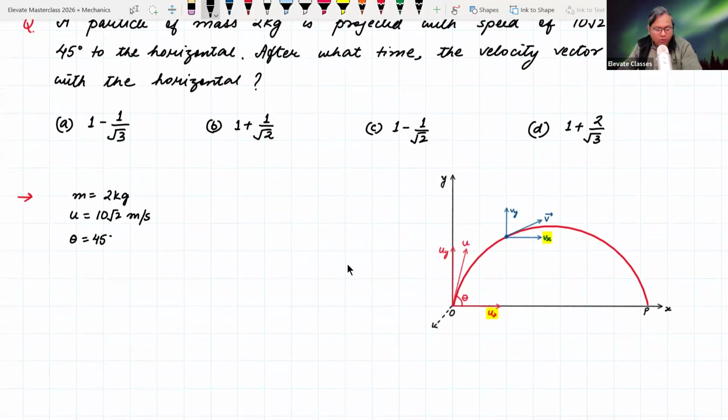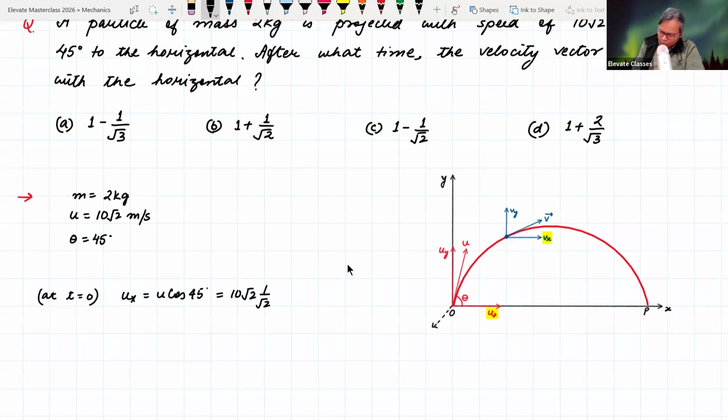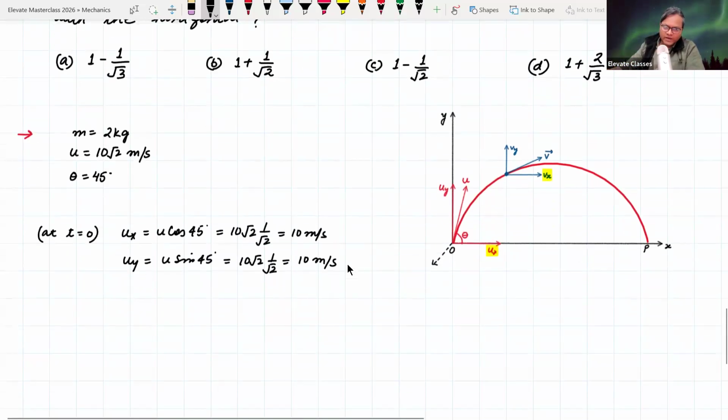Now, at time t equal to 0, at the origin, what is the initial speed? ux is equal to u cos 45 degree, so this is equal to 10 root 2 times 1 upon root 2, so it is 10 meter per second along the x-axis. And uy is equal to u sin 45 degree, which is 10 root 2 times 1 upon root 2, equal to 10 meter per second. Initially, this is the x and y component of speed, right?